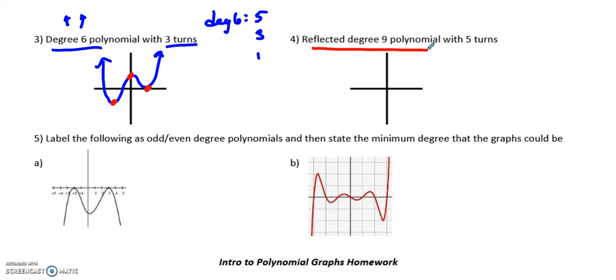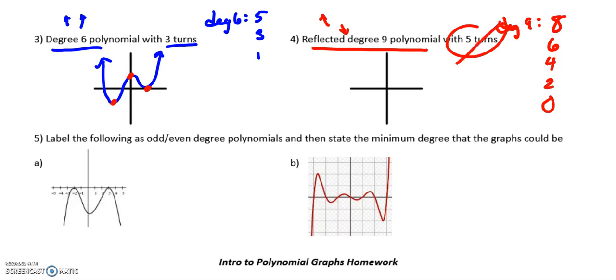A reflected degree 9 with 5 turns. Well, reflected degree 9 would have to go like that. And if I think about degree 9, I can have a max of 8 turns, or I could have 6, 4, 2, or 0, but I can't have 5. So I'm going to say this is not possible.